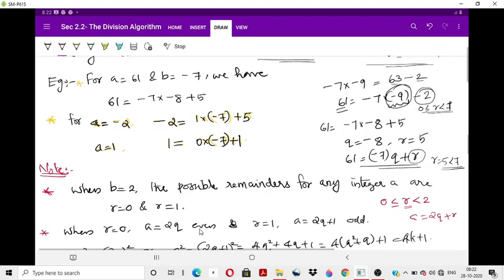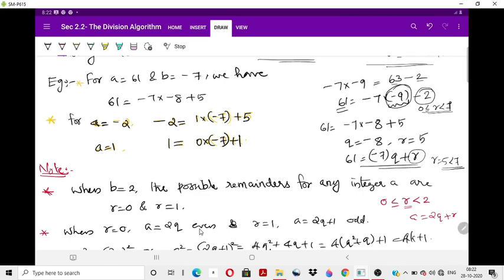The same we can have with b equal to 4 also. When b equal to 4, the possible remainders are 0, 1, 2 and 3. We can write any integer in the form bq plus r, isn't it?